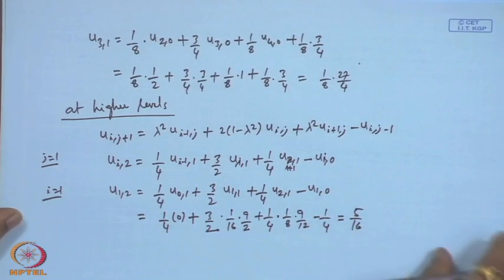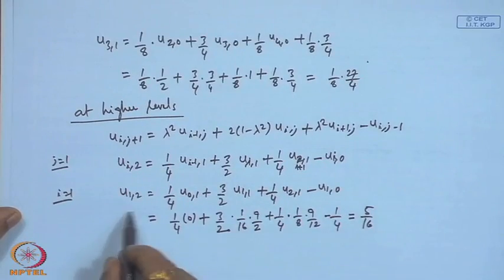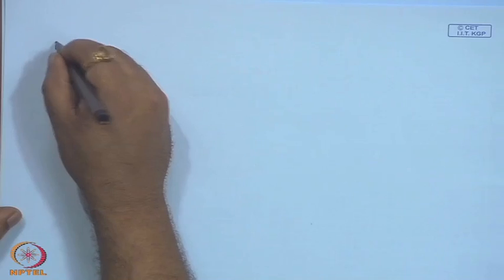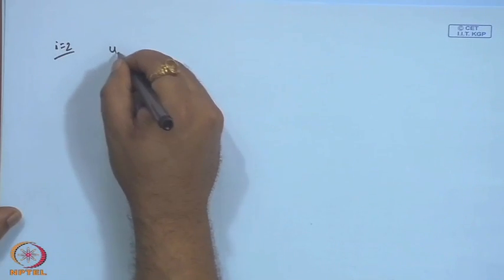So, you may verify. This is the value at the first grid point, then i equals 2.